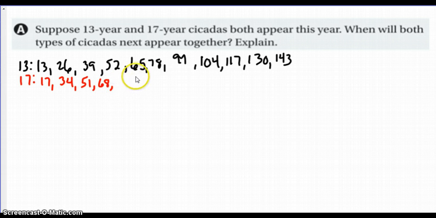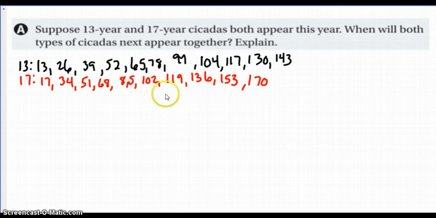So 68, 85, 102, 119, 136, 153. So if we take a look at this, so far we've gone out 10 for 17, which would be 170, and 11 on 13, we still haven't found a common multiple. We've come close a few times, but we really haven't found that common multiple.